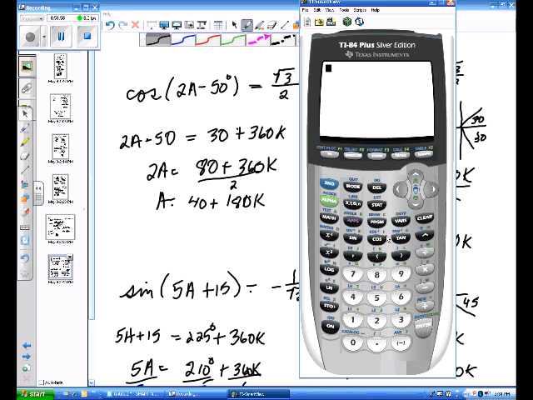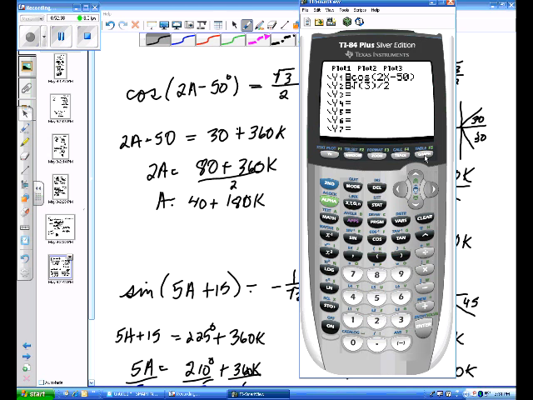We'd have the cosine of 2x minus 50, close parenthesis, whoops, that's not where we want this. We want it in the y equals. The cosine of 2x minus 50, close parentheses. And then for the other one, we want the square root of 3 divided by 2.